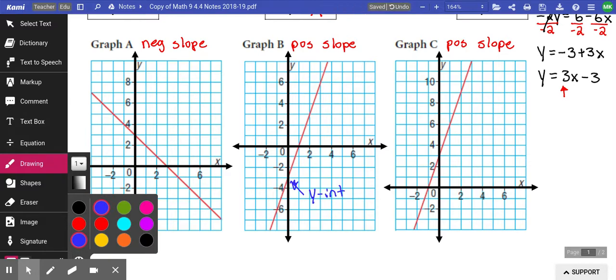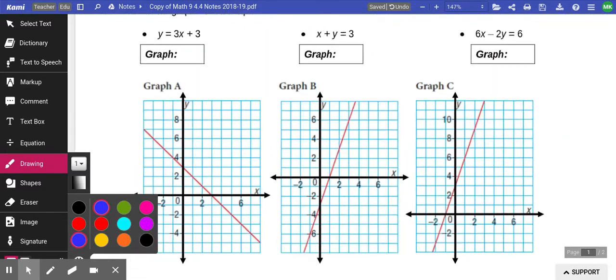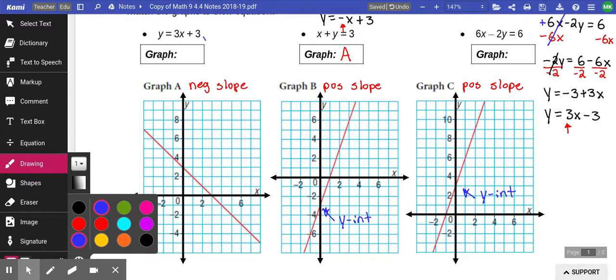Equation C over here has a positive y-intercept. So that means I can look at my two remaining equations and say which one has a negative y-intercept, which one has a positive y-intercept. This one is a positive 3.